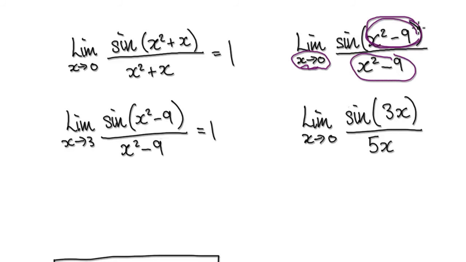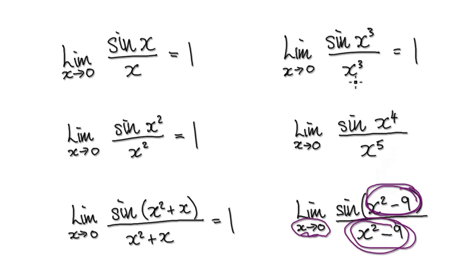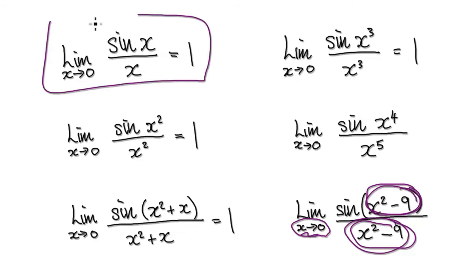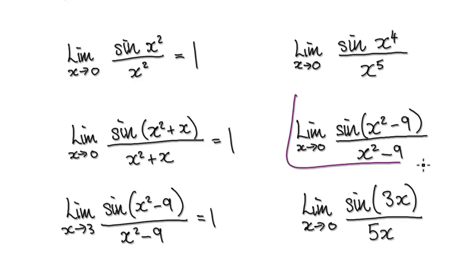In order for you to make use of this, these two bubbles have to head towards 0 and be on par with each other. Well, this one here is not heading towards 0 at all. It's actually heading towards -9. So we can't say this equals 1.